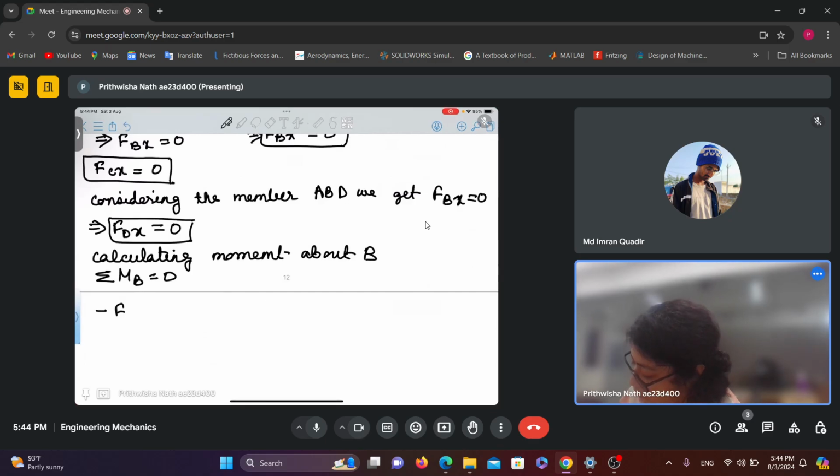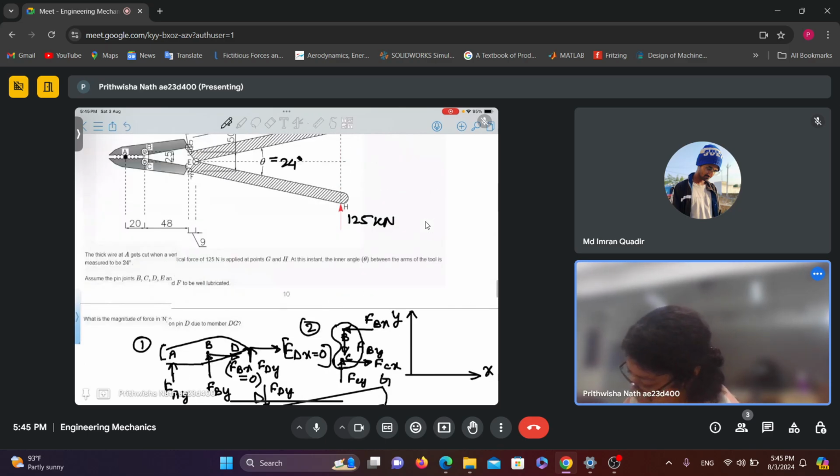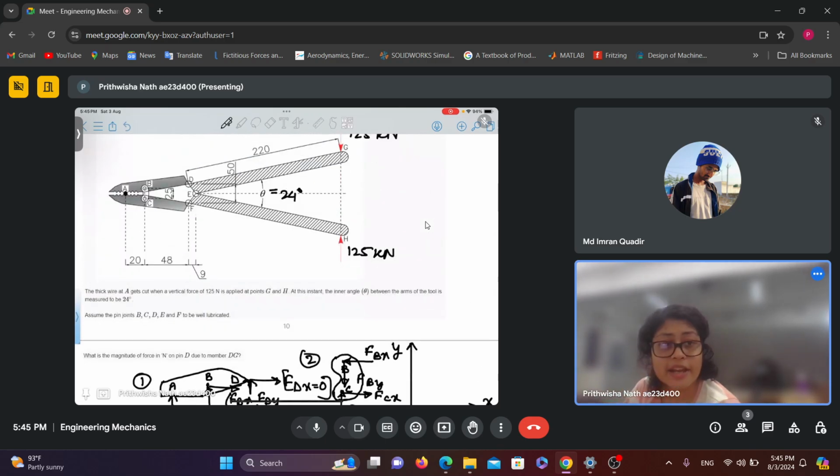Minus FAY into this distance. What is the distance, can you tell me? Between point A and B, it's 20, right?